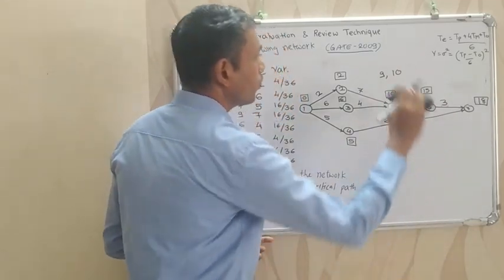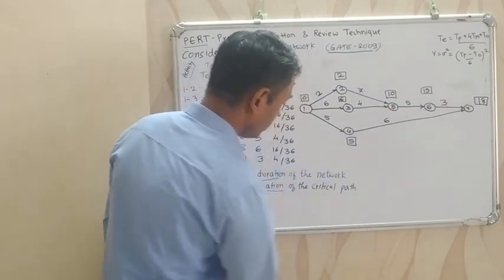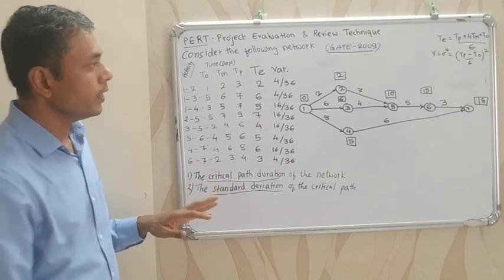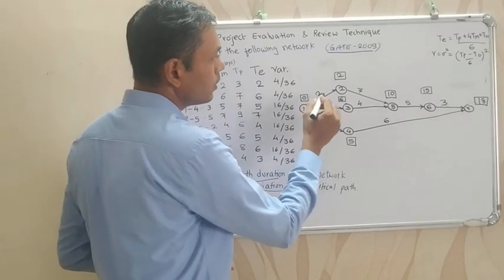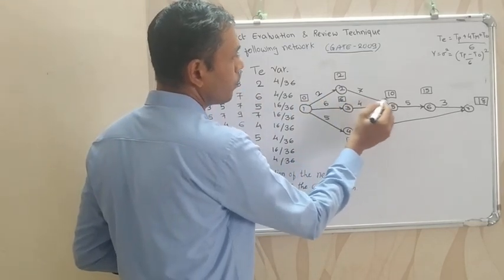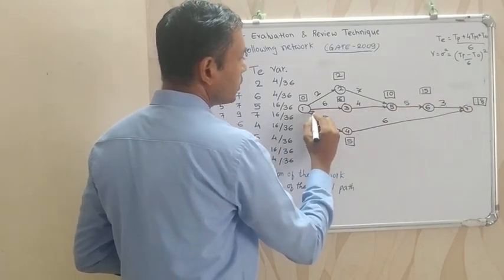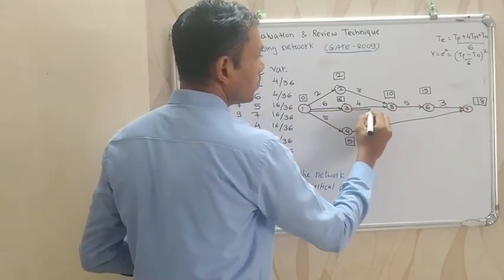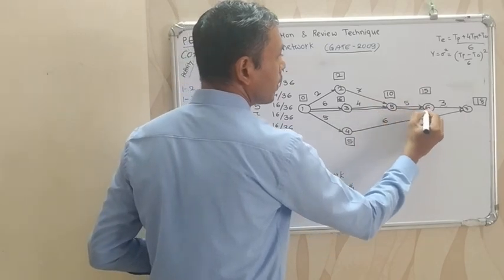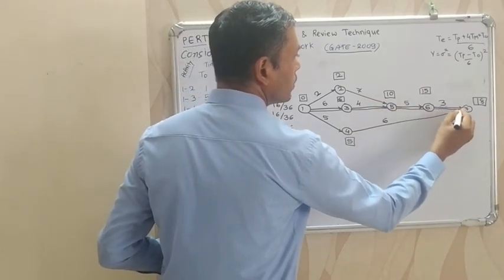So project will complete on 18 days, and the critical path is 6 plus 4, 10, 10 plus 5, 15, 15 plus 3, 18 days.